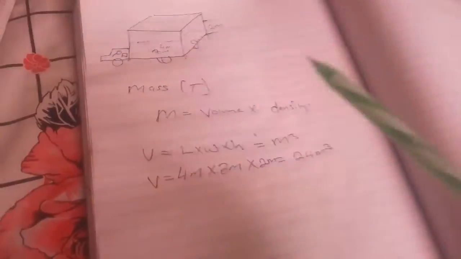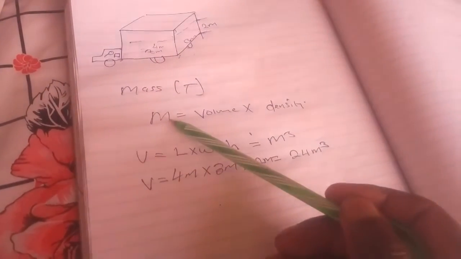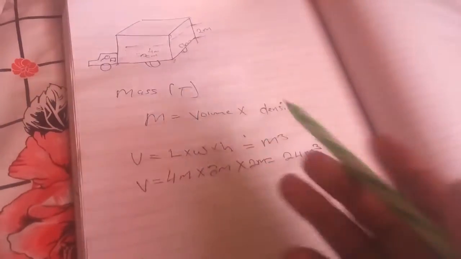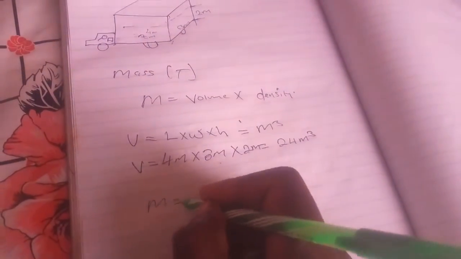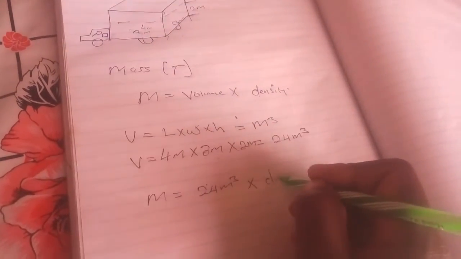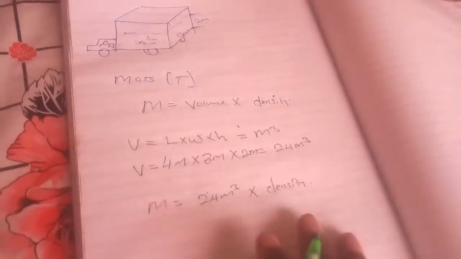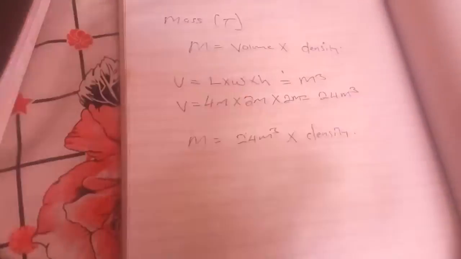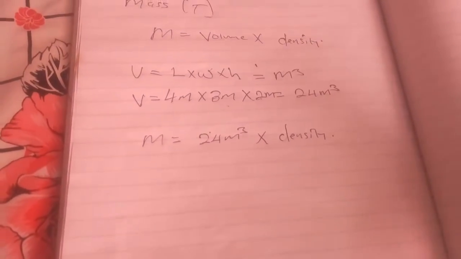Yes. Let's now go back to our formula. Mass is equal to volume times density. So now mass is equal to the volume, which is 24 meters cubed, times the density. Now, what is the density of sand?